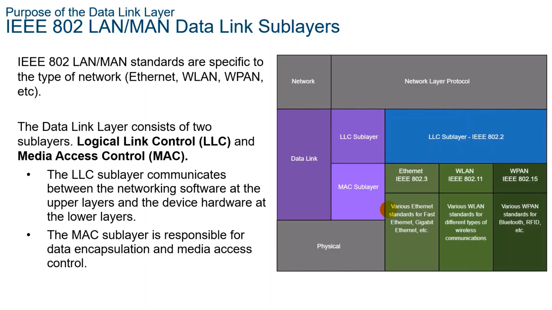These delimiting bits provide synchronization between the transmitting and receiving nodes. Addressing provides source and destination addressing for transporting the layer 2 frame between devices on the same shared medium. The last one is error detection, which includes a trailer used to detect transmission errors.